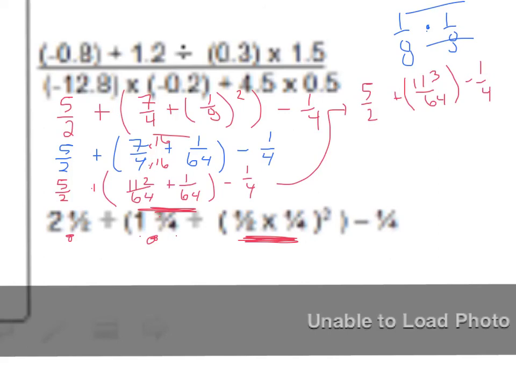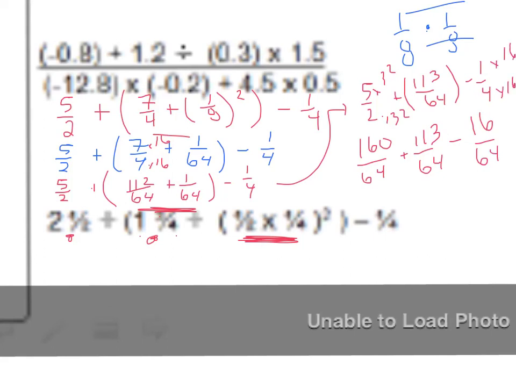So I'm going to times 2 by 32, and 32 times 5 is 160 over 64, plus 113 over 64, minus, I think we said 16 times 4, so 16 over 64, because I went times 16 times 16.